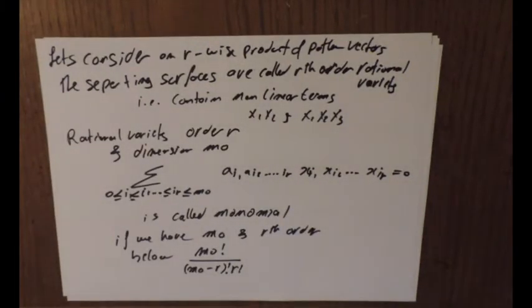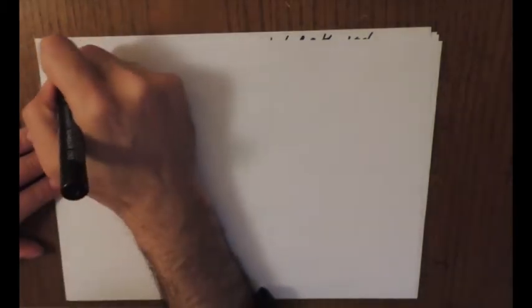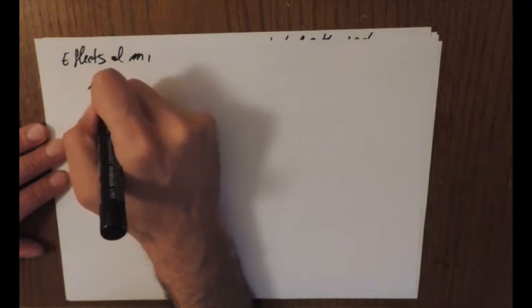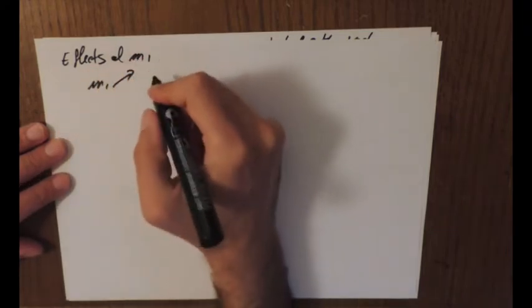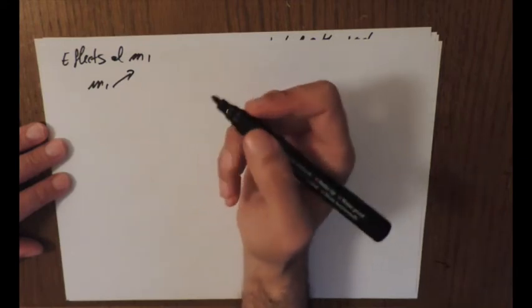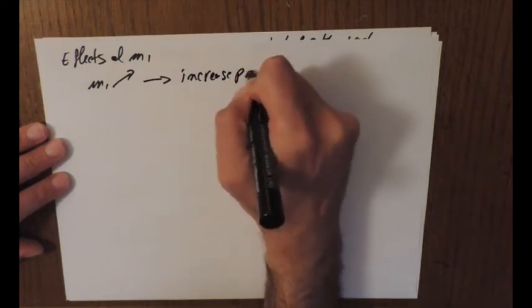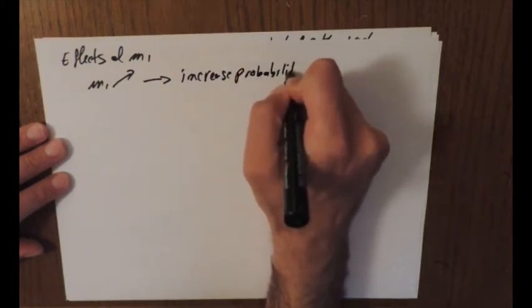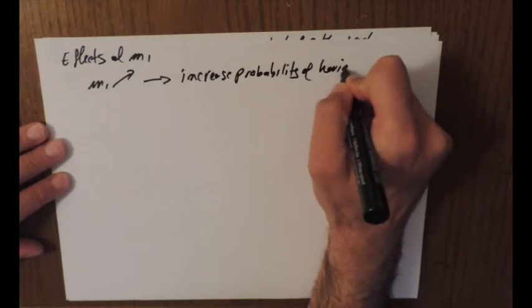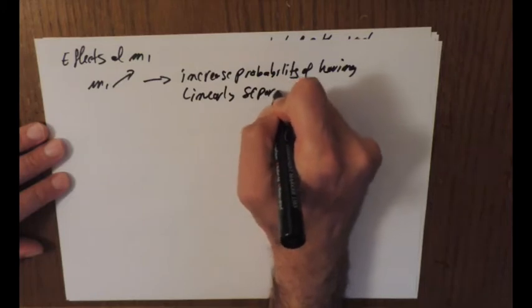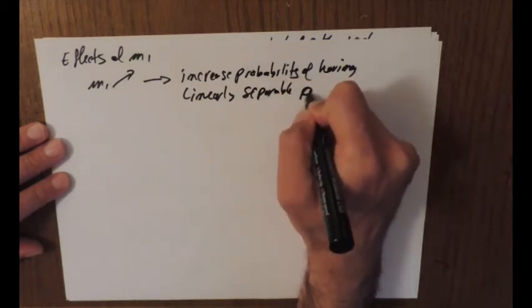So what are the effects of dimension of m1? So increasing m1 will actually increase the probability of having a linearly separable phi space.